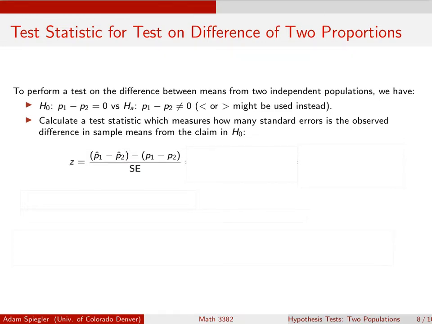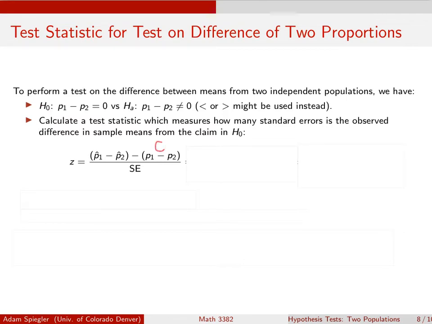So our sample is going to give us p hat 1 minus p hat 2. So here's the observed difference that we get. And then we're going to compare this to what we claimed this difference is in the null hypothesis. And in the null hypothesis, we're always going to be claiming that there's no difference between these two groups.